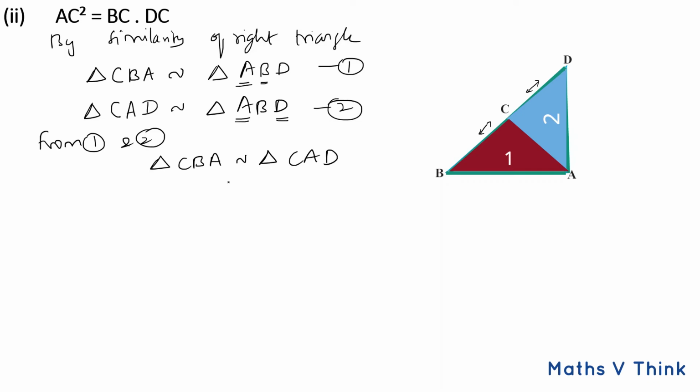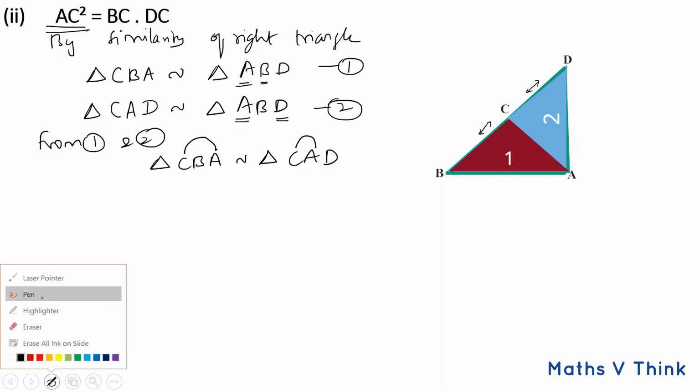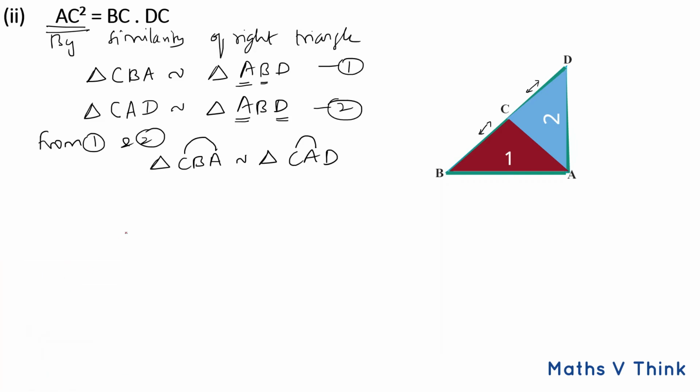Now, can I tell the corresponding sides are proportional? So first mark AC. So here AC is this and AC is this. Now, when you see in the first triangle, first and the last side is involved. So in the second triangle also I'll be taking first and the last side. And in the second triangle, first and second one is involved.